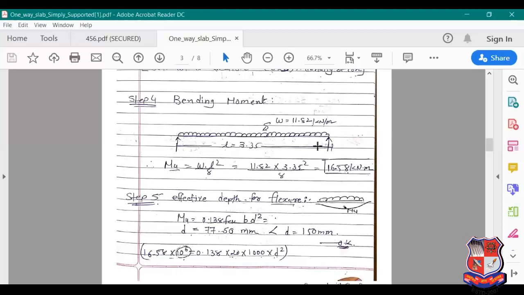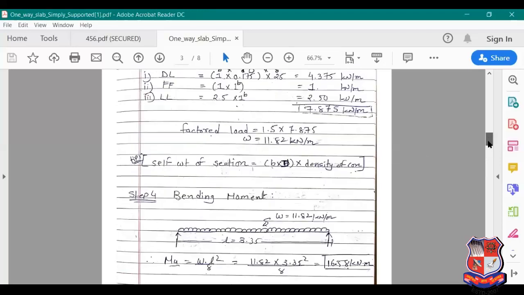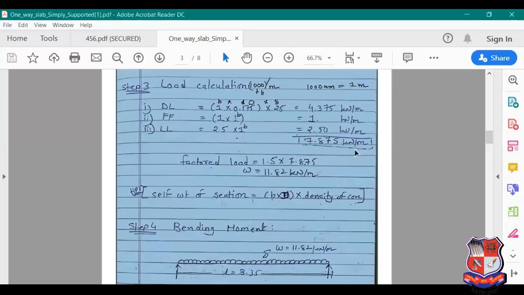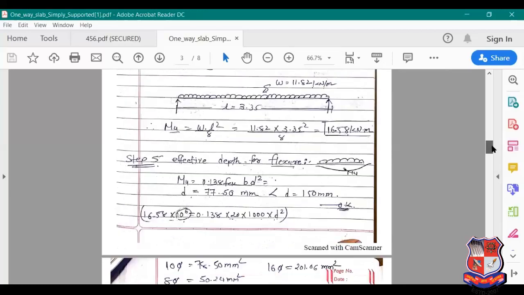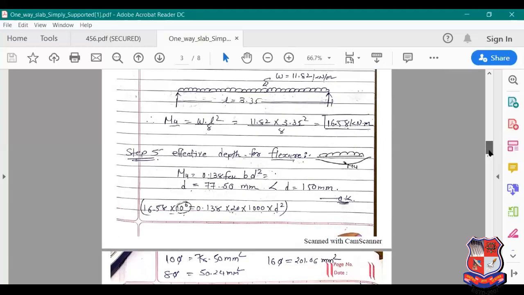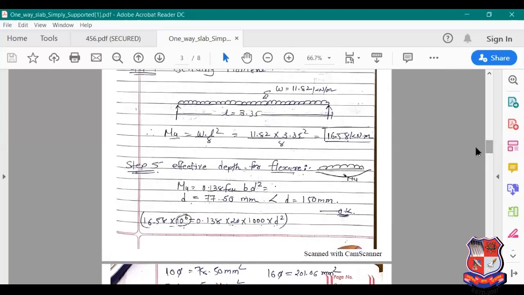If it is simply supported and carries a UDL, each load, dead load, floor finish and live load, acts on it as a UDL in kilonewton per meter. Then Mu is equal to w L square by 8. It is a simple formula to find the moment for simply supported slabs. So we can now get the bending moment.